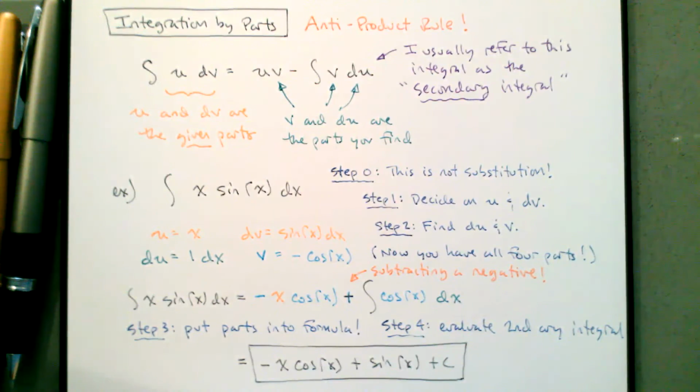Sometimes the secondary integral is a substitution integral. But that's the process for integration by parts. You're given u and dv. You go find du and v, put it into the parts formula. The integral of u dv is uv minus the integral of v du. And then finally, evaluate the secondary integral.